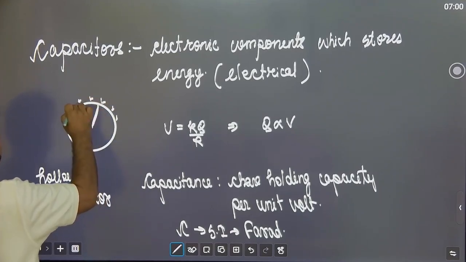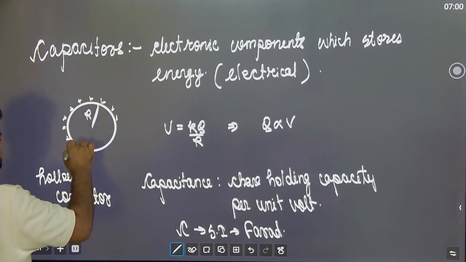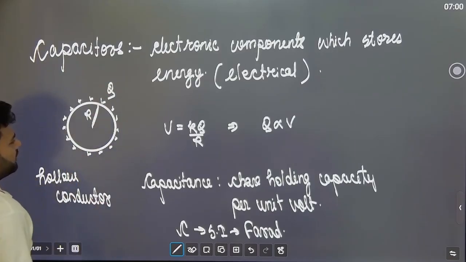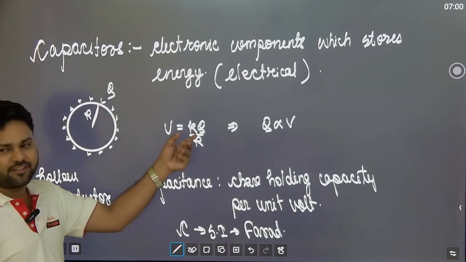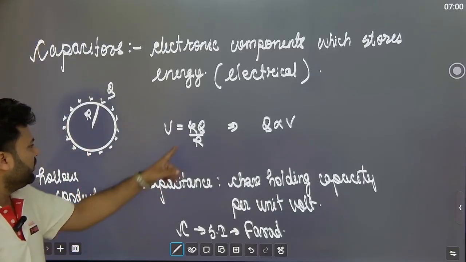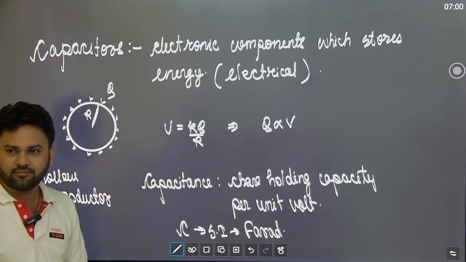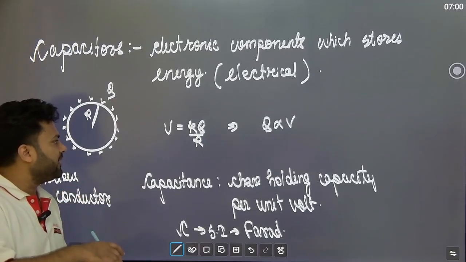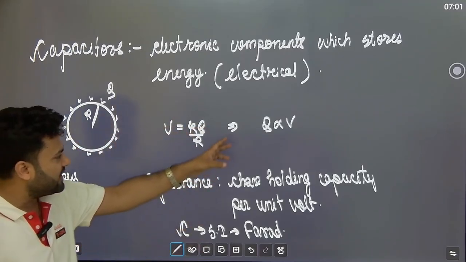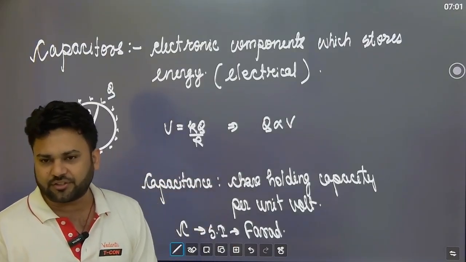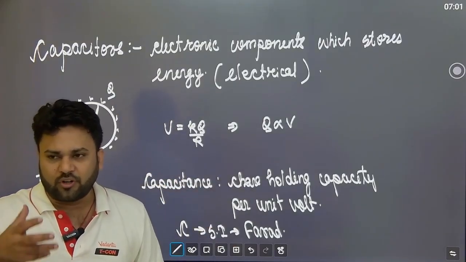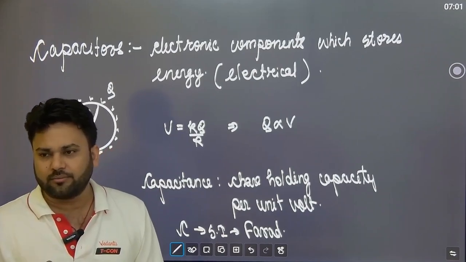Suppose this device's charge is Q. So we define potential at its surface as KQ by R. Now if you increase the charge, voltage will increase. Or in different terms, if you increase the voltage, this charge will increase, directly proportional. So charge is directly proportional to voltage. How much voltage you are providing? More voltage you provide, more charge it will hold.